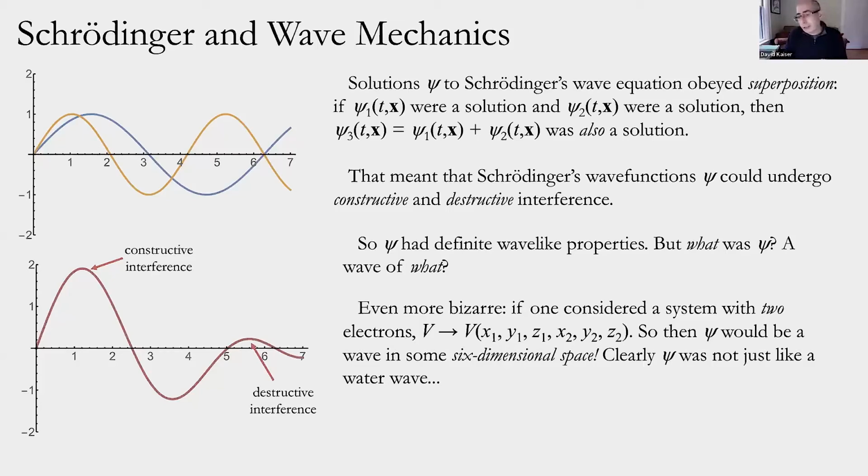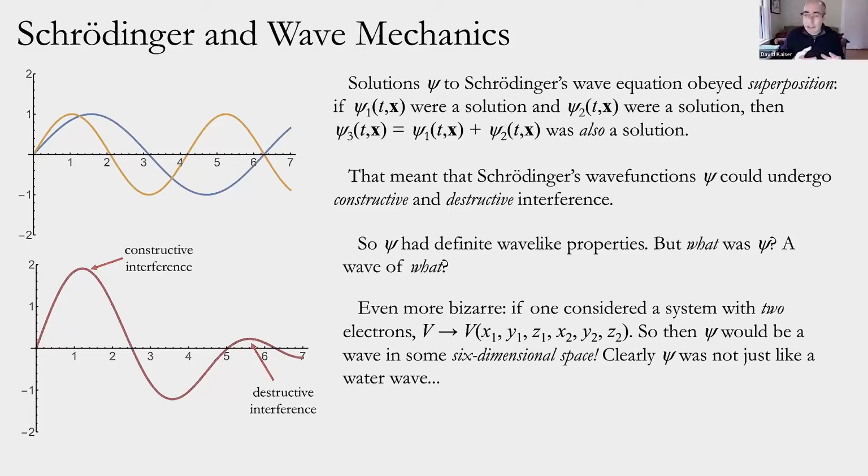So the potential energy of that 2-body system will now in general depend on 6 spatial coordinates, not just 3. So now solutions psi, solutions to Schrödinger's wave equation, will themselves depend on 6 dimensions, 6 coordinates of space, not just 3. That's not like a water wave or a sound wave or a light wave.